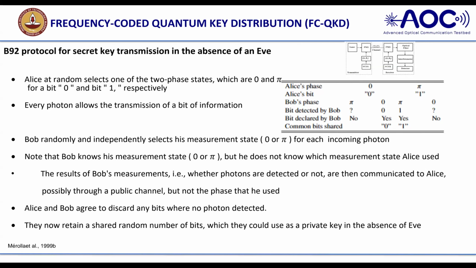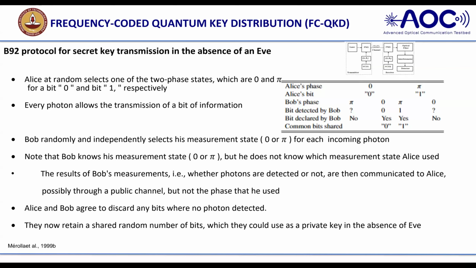What is important here is that they have a secure public channel, and they will share only whether a bit was detected, either bit detected as 0 or bit detected as 1. And they know the random phase, like 0 or pi.